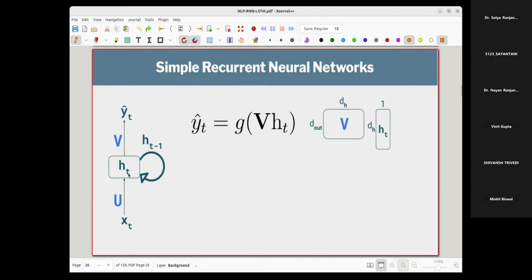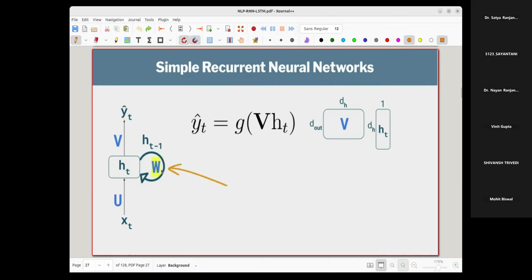How will ht be calculated? Your ht will use not only xt but also ht minus 1. In order to calculate ht, we need xt, the current input, and the previous hidden state's output, and the parameters or weights between ht and ht minus 1 are also there, that is called W.